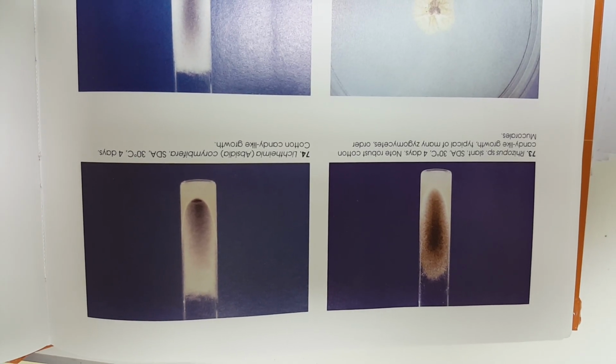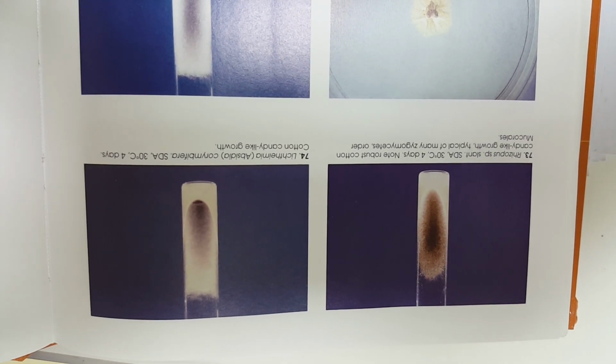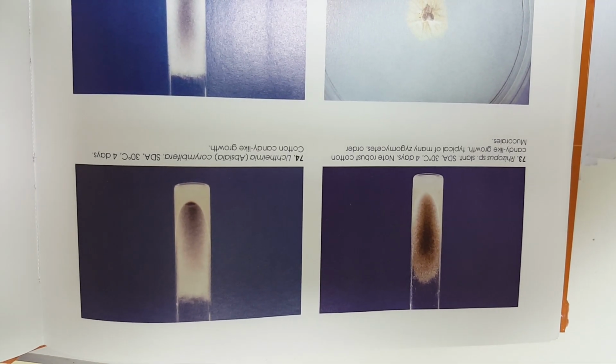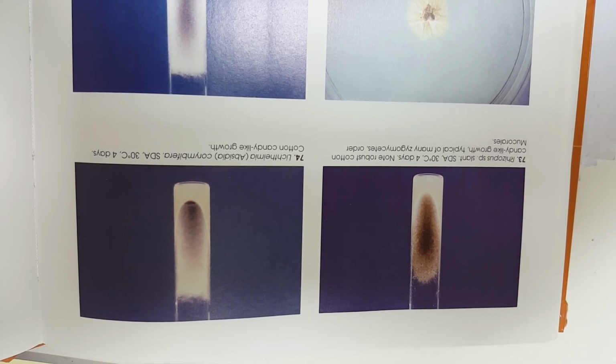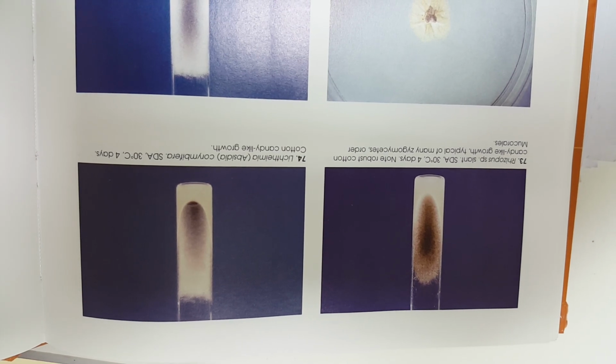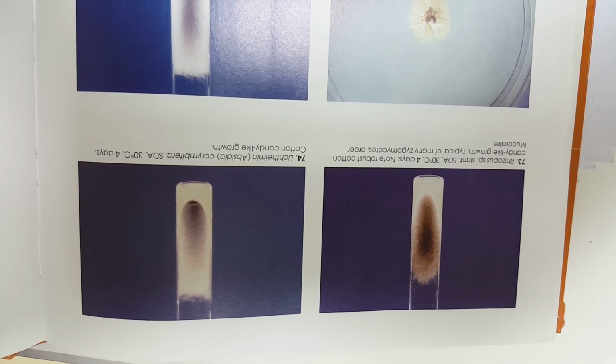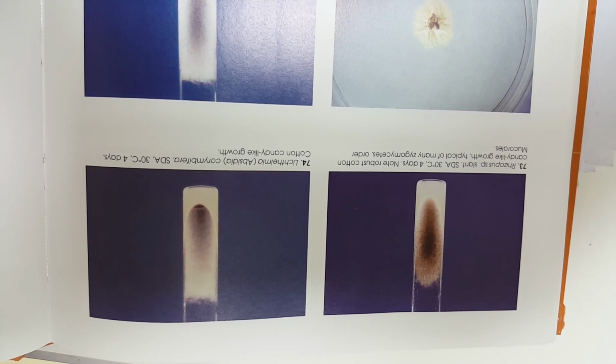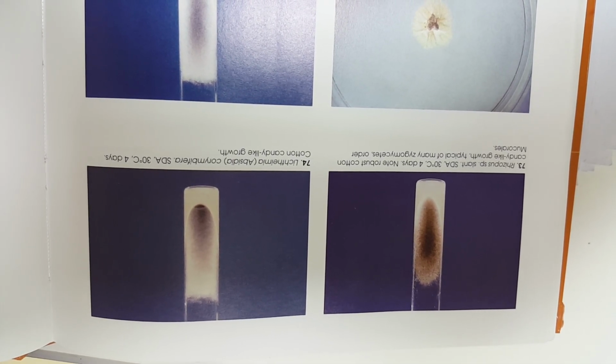Here the Rhizopus species can be seen on an SDA slant at 30 degrees centigrade after 4 days. Note the robust cotton candy-like growth, typical of many zygomycetes, order Mucorales. Lichtheimia, formerly called Absidia, also has cottony candy-like growth.